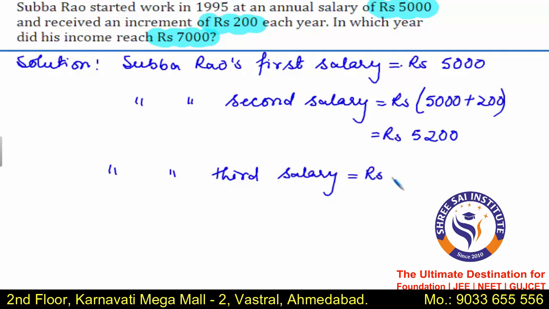and this is equal to rupees 5,200 plus rupees 200, which is equal to rupees 5,400.